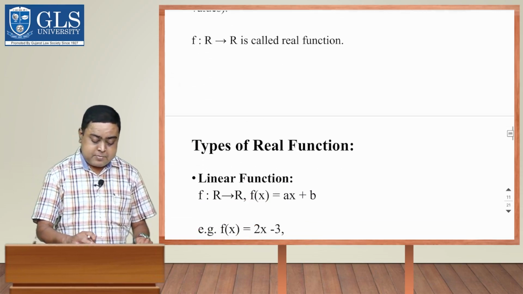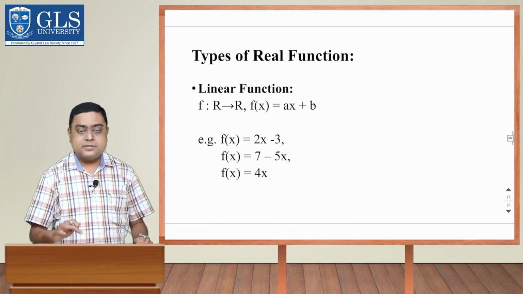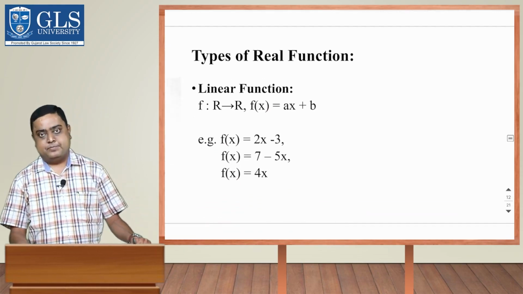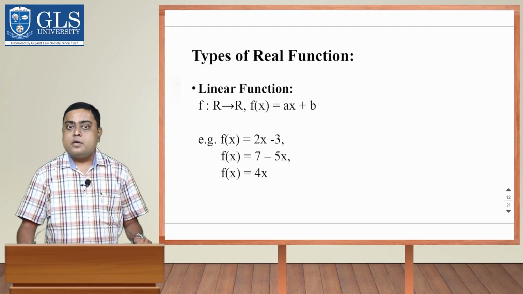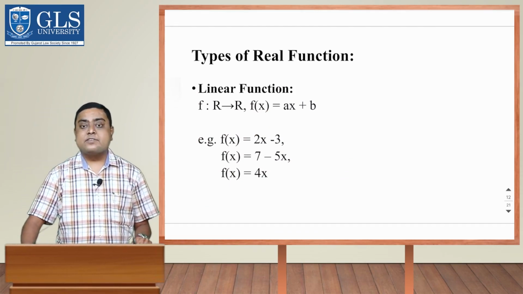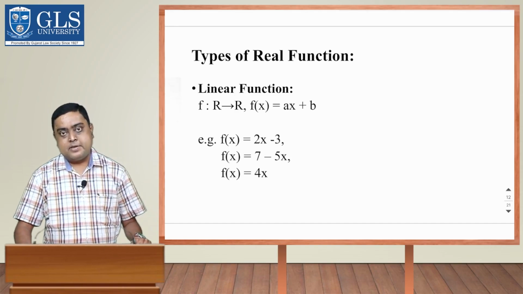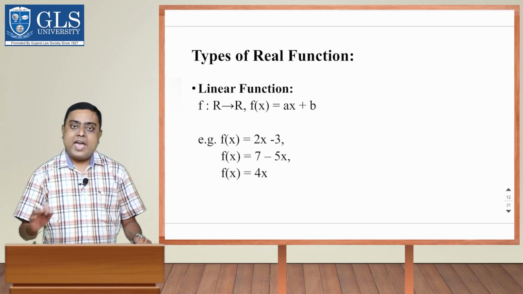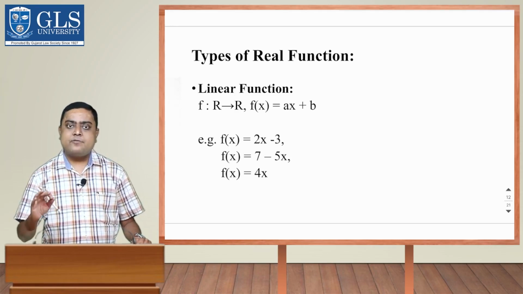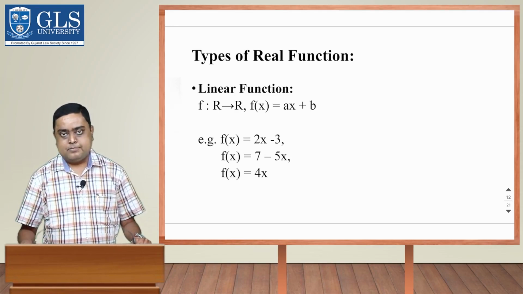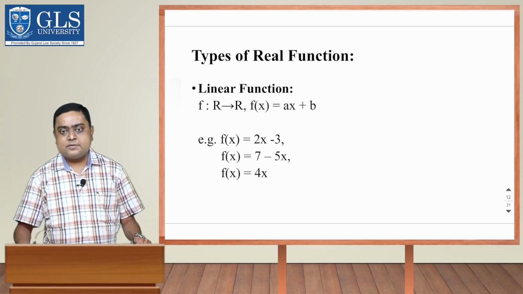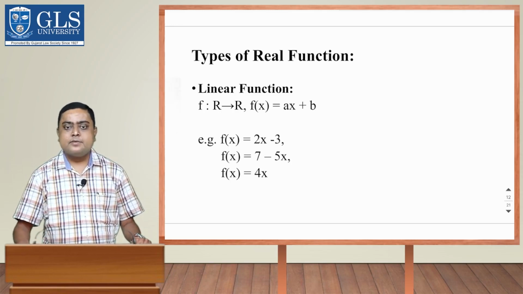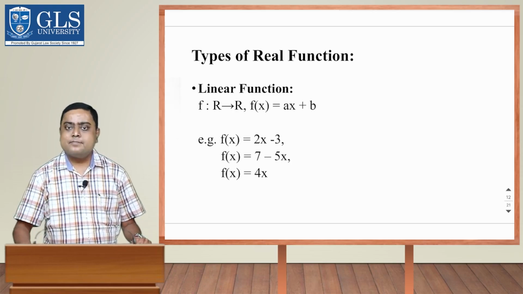The first type of the real function is the linear function. f from R to R, f(x) = ax + b is called a linear function. So any function which we find in the standard form ax + b is called a linear function. You see the examples: 2x minus 3, 7 minus 5x, 4x.